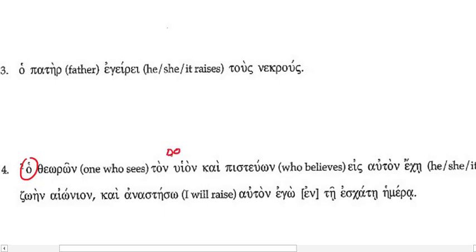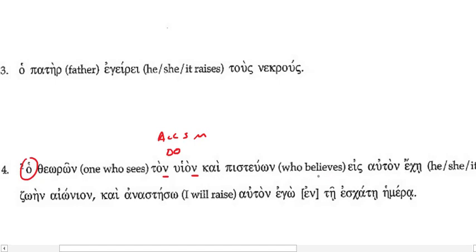How do I know that this is a direct object? What tells me that it's the object of sees, the one who sees ton huion? The case here. This is accusative singular case, right? And masculine. So it's accusative singular masculine for son. So the one who sees the son. And then we have kai pisteuon.